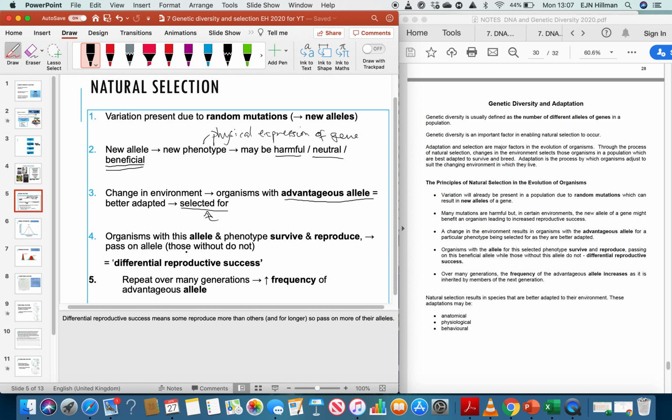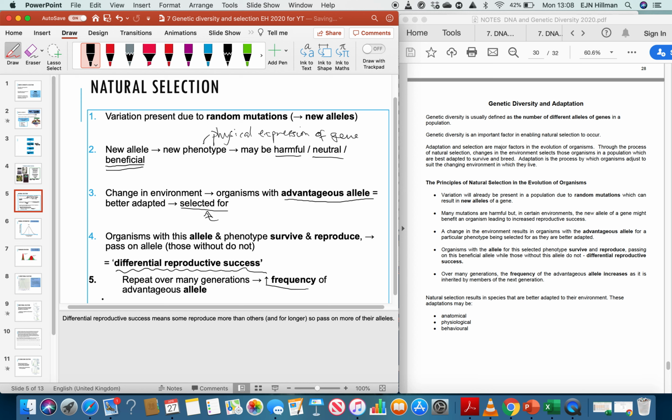Those without that advantageous allele do not. This brings up the idea of differential reproductive success. Differential reproductive success means that some reproduce more often than others and for longer, and therefore pass on more of their alleles, more of those advantageous alleles. Over many generations, the frequency of the advantageous alleles will increase.